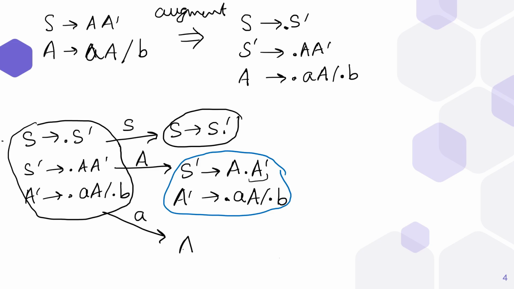On shifting small a, we will get A dot A. Here you can see that we still got a capital letter value, that is A. So we have to again write it here.